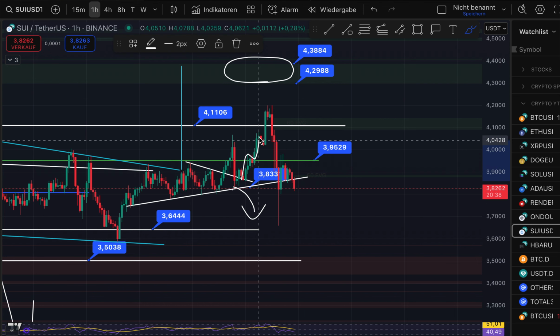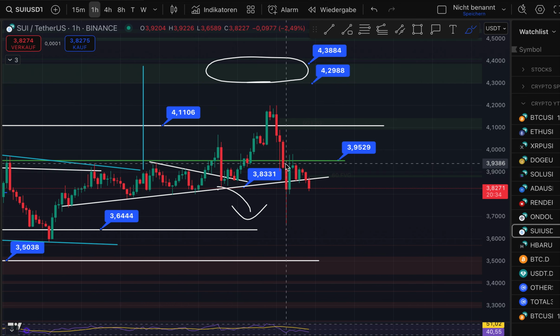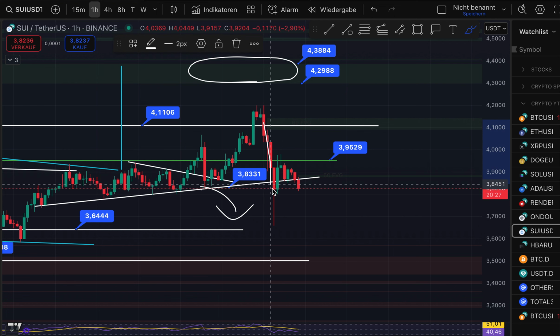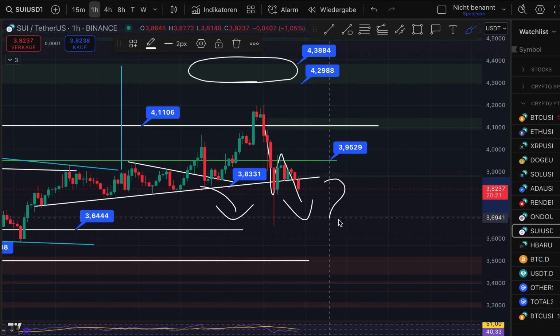Breakout, retest, follow through. That's what we want to see. What we see now is completely the same setup, just in the opposite direction. Push to the downside, breakout, retest, follow through, question mark. So that's what we have to wait for.